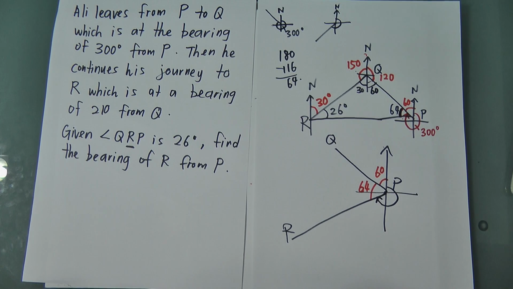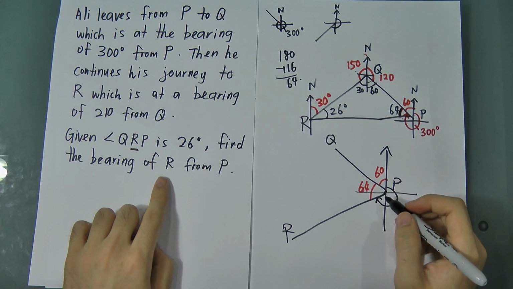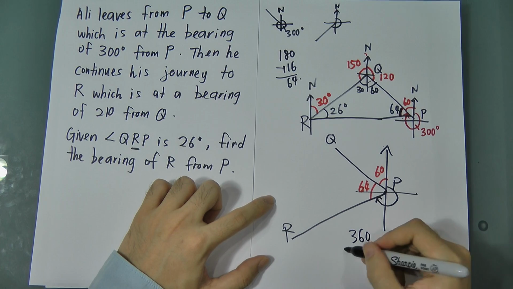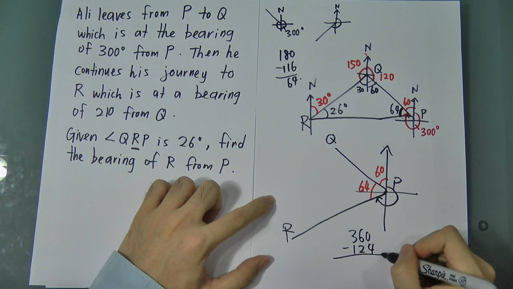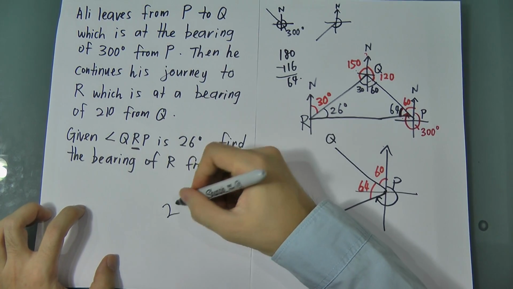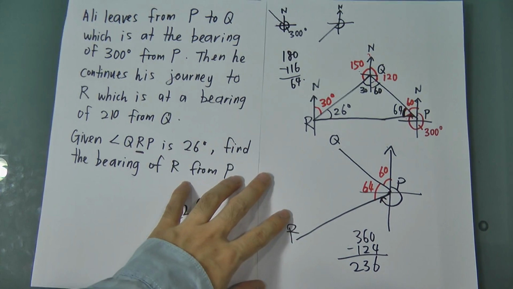So the total angle over here will be 360. The total angle of R from P is 360 minus 124, which is 236. Yes, the answer will be 236. Then I have solved this question.